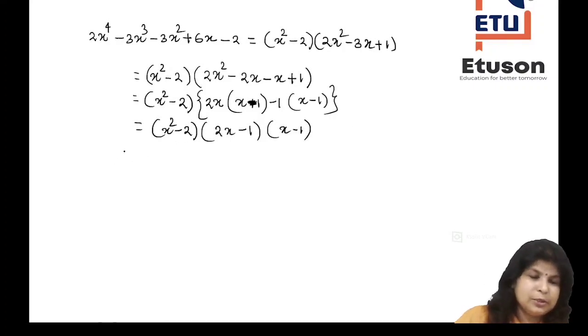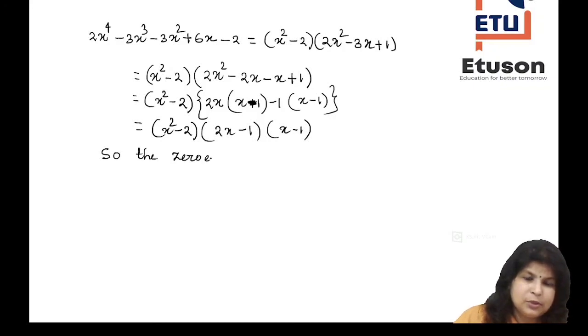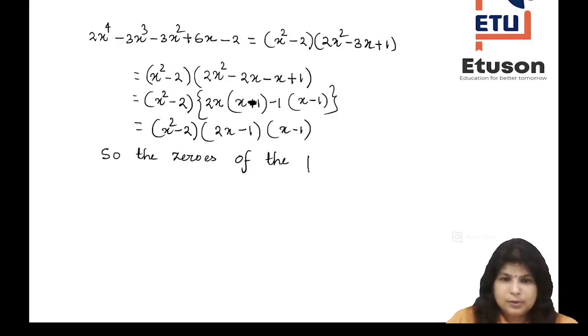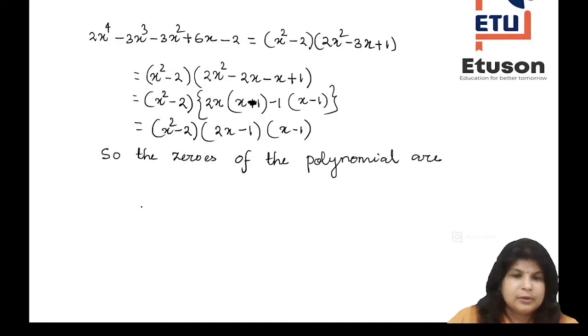So what are your zeros then? The zeros of the polynomial are root 2 and minus root 2. It was already given.